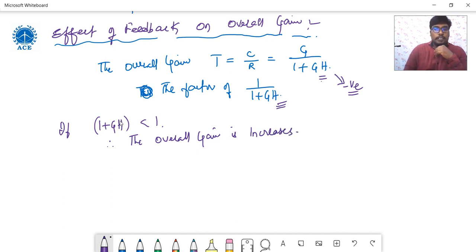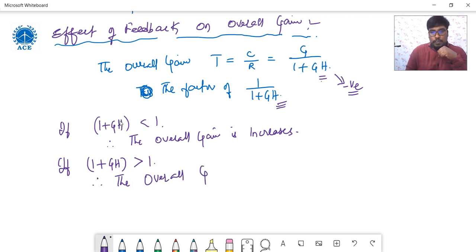Suppose this factor 1 + GH is greater than 1, then what will happen? The overall gain will decrease. Okay, got my point? This is the effect of feedback on overall gain.